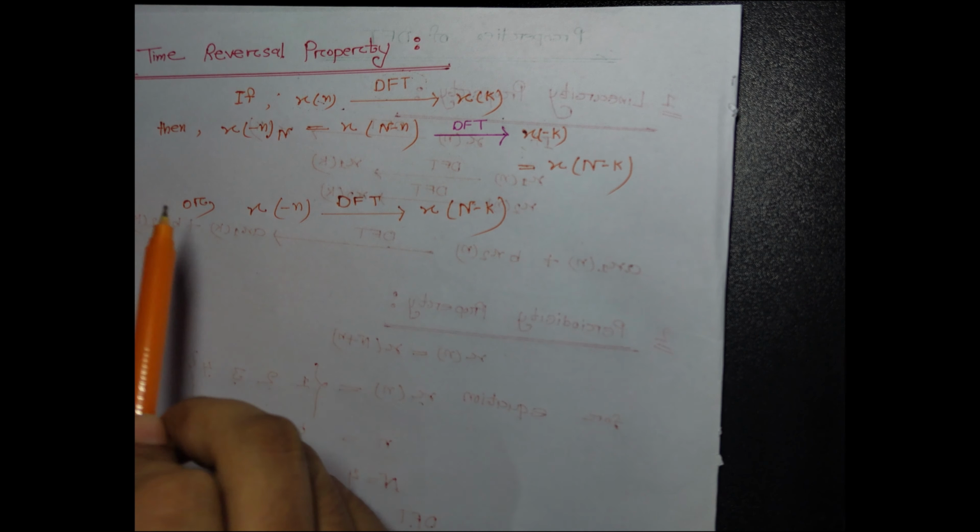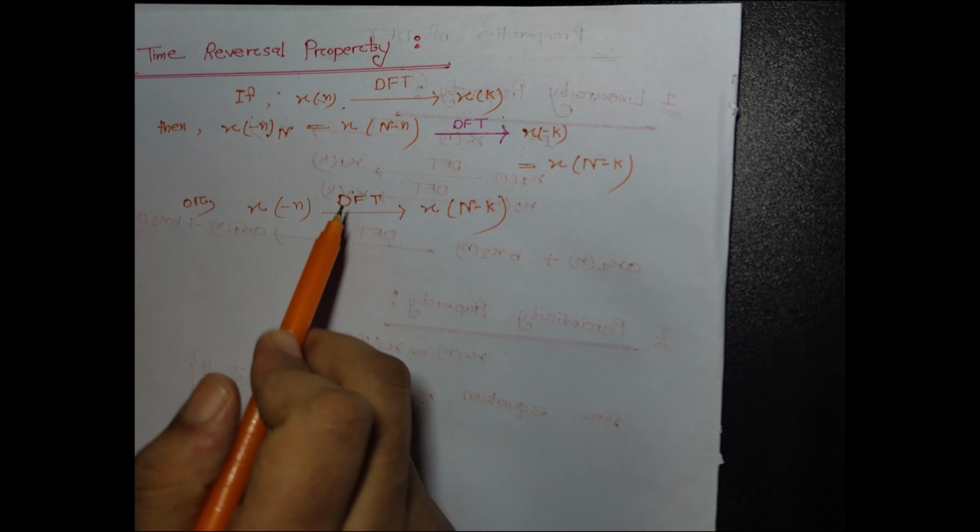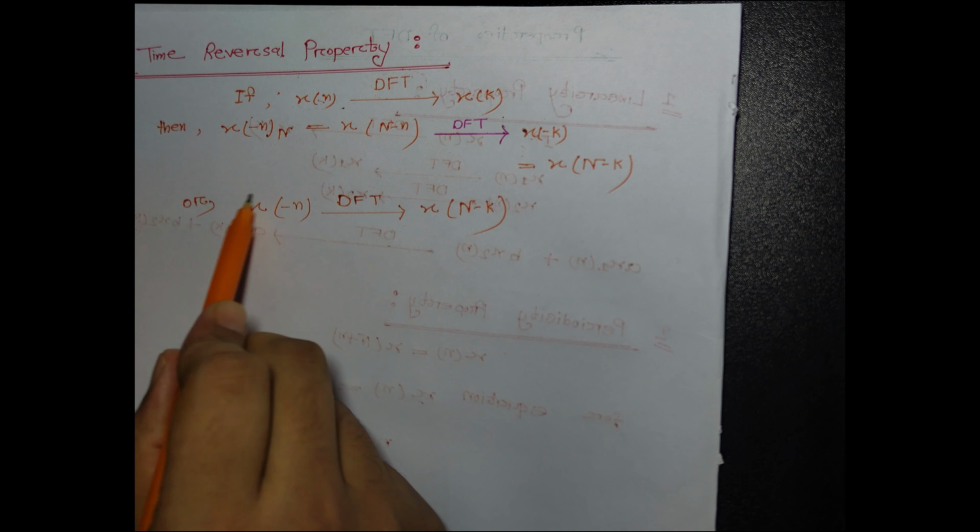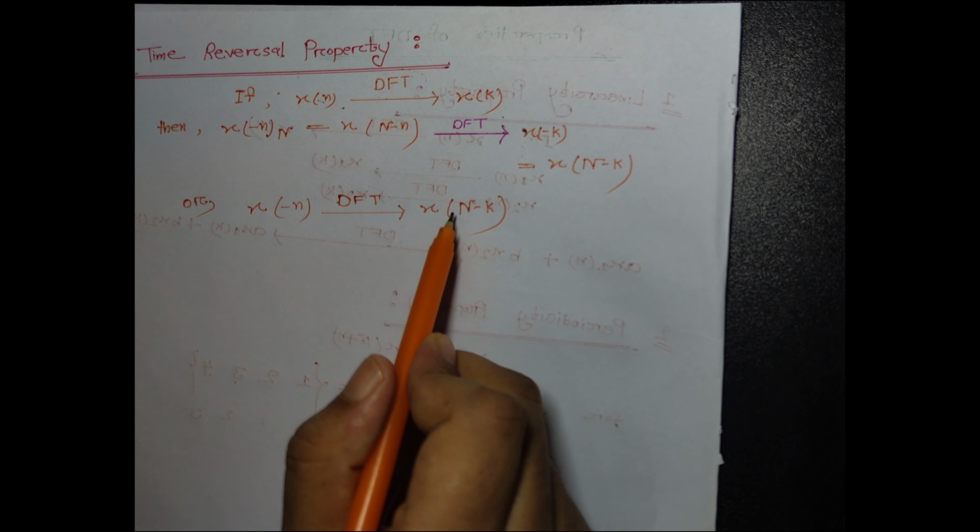That means the discrete Fourier transform of x[minus n] is equal to X[N minus k].